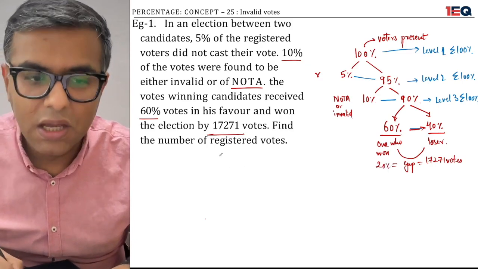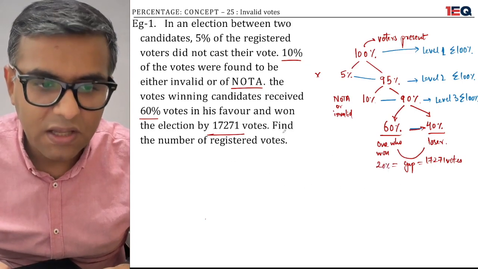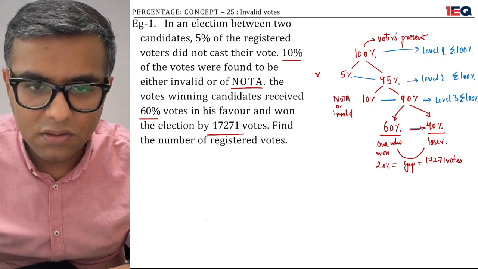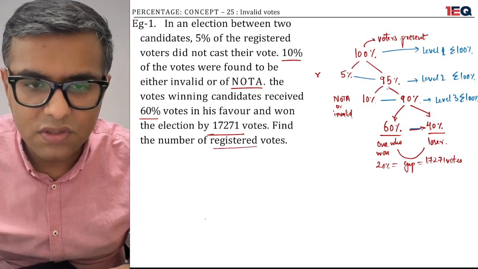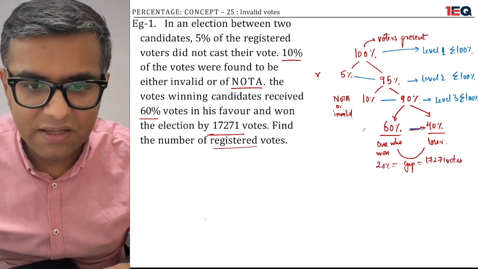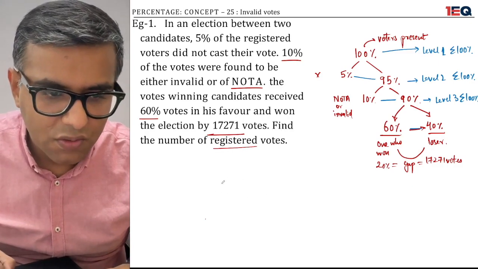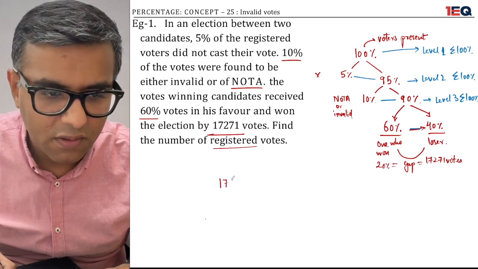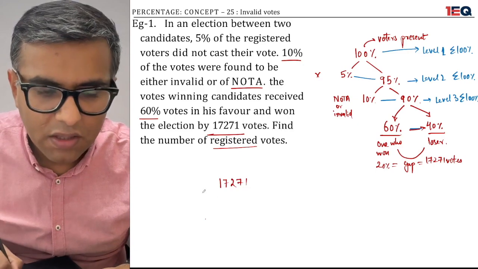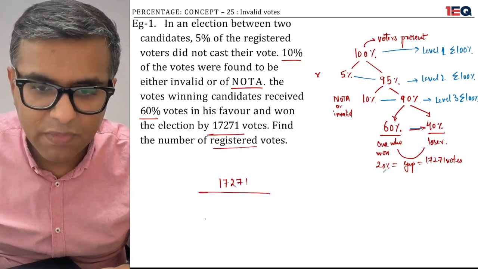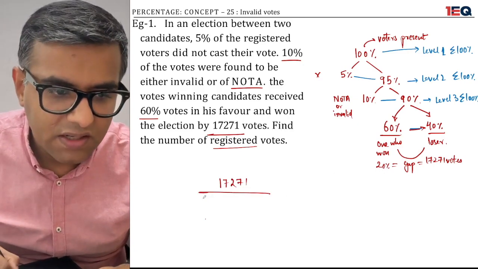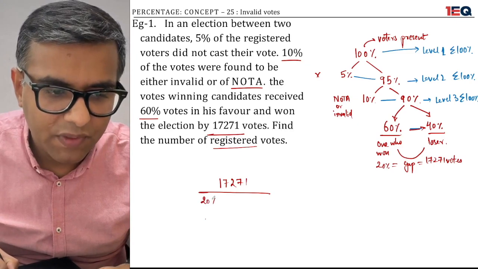So just see how I'm going to take this. Now it asks me the number of registered voters. It is asking me basically to tell the value of 100%. So I have 17271. This 17271 is made out of what? It is made out of the 20% gap that I had.